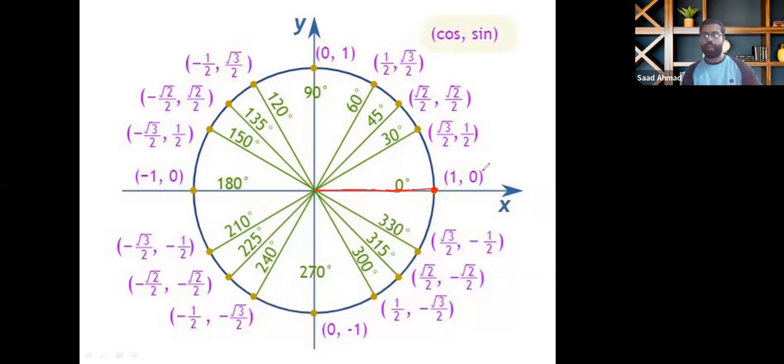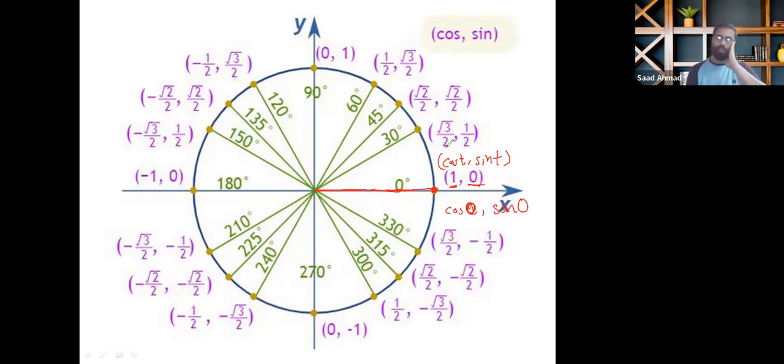So this is 1 and this is 0, cos of t and sine of t. So cos of angle 0 is 1 and sine of angle 0 is 0.